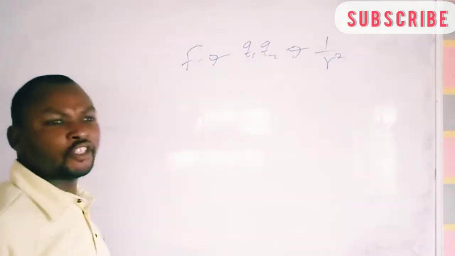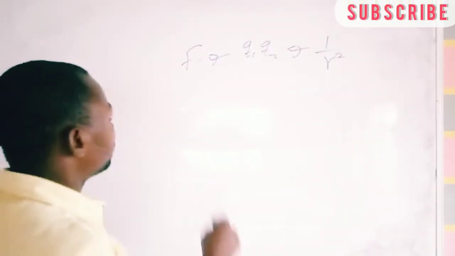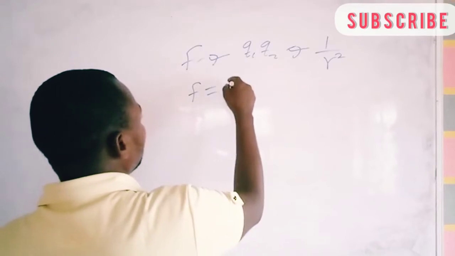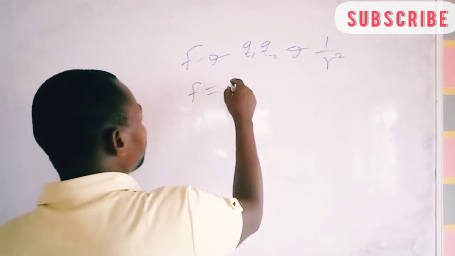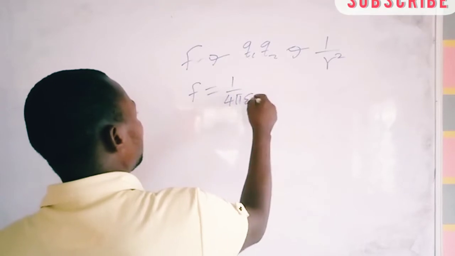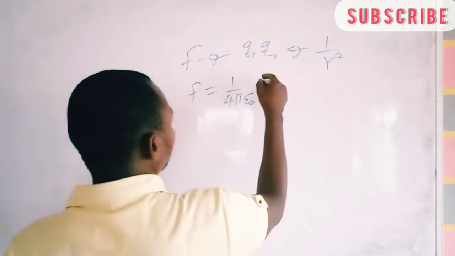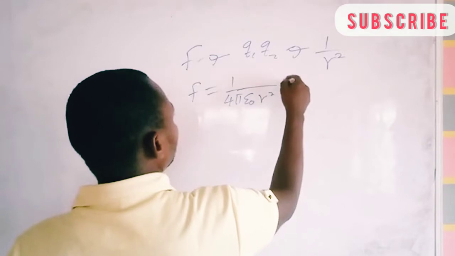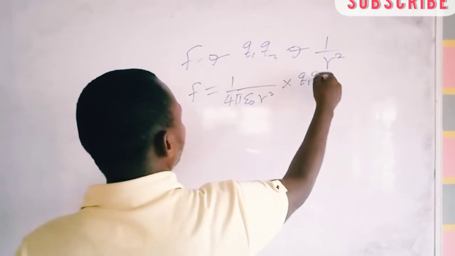Then this is joint variation. So we have F equals 1 over 4 pi E naught R squared times Q1 Q2.